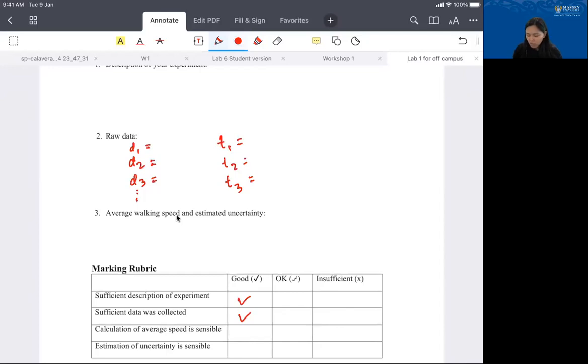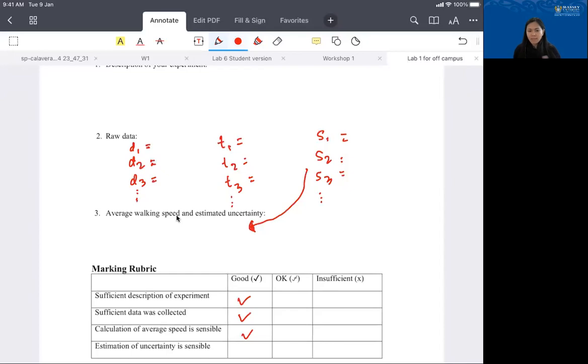And then you can calculate your speed for each distance and time information, and you can write them down there, or you can write down here your average walking speed for each of your measurements, and that should be sufficient for getting full marks for the next criteria.